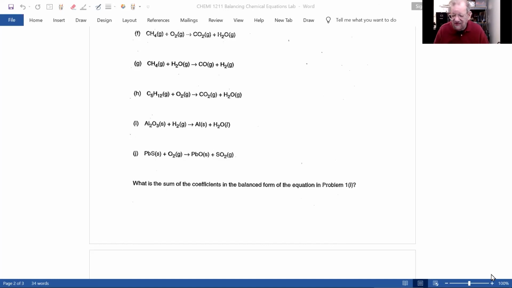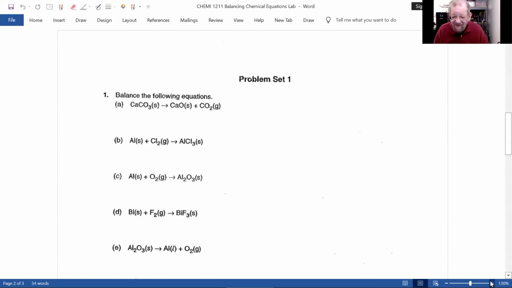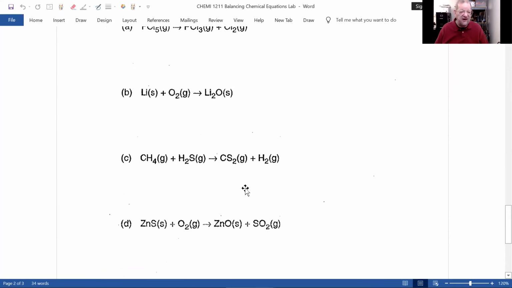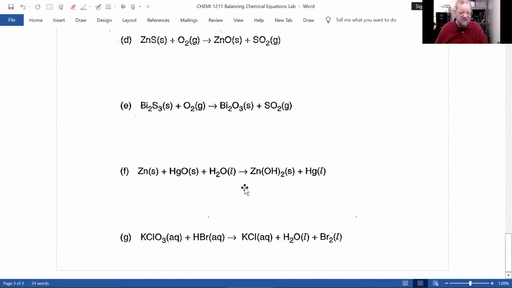Hold on, let me see. Yep, 1I. Looks like an I or J. Let's make it I. And therefore, this is the one you use. And by the way, the second page has more stuff for you to balance too. And that's the lab.